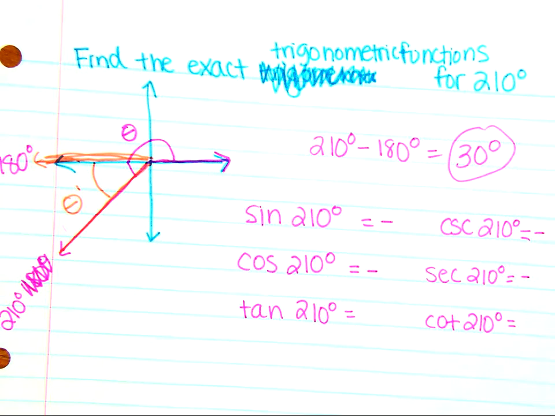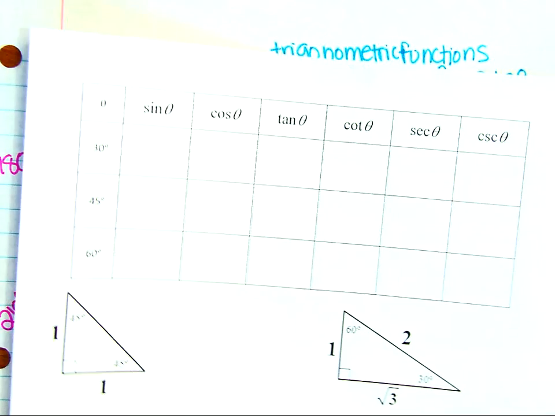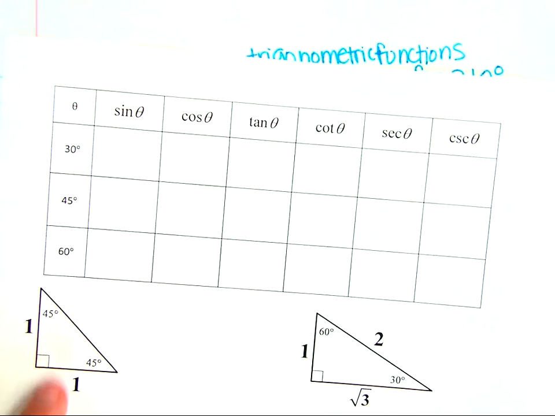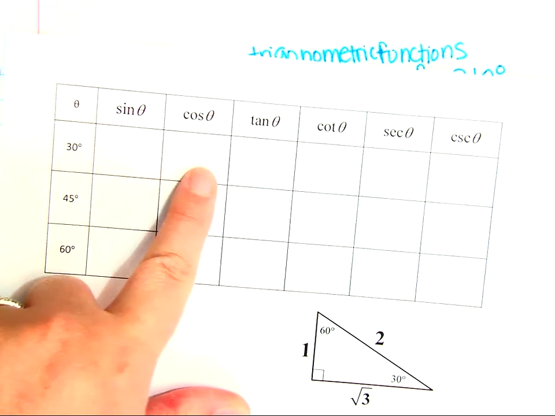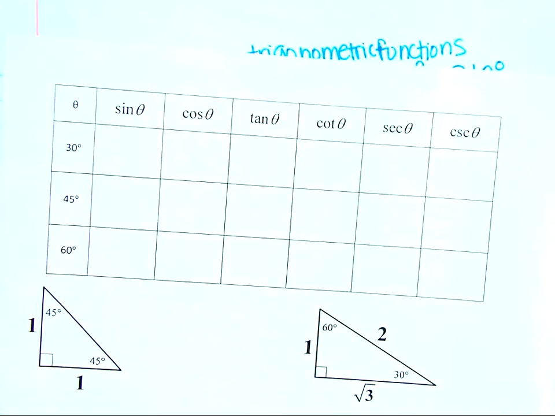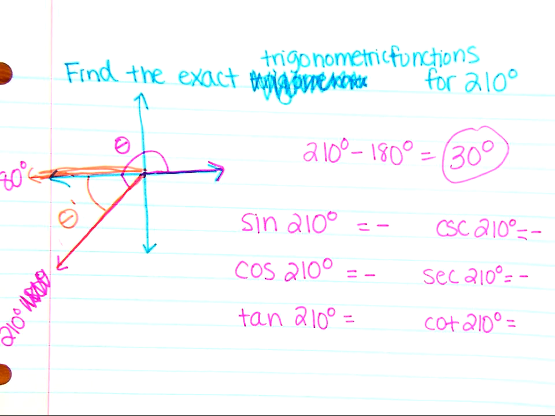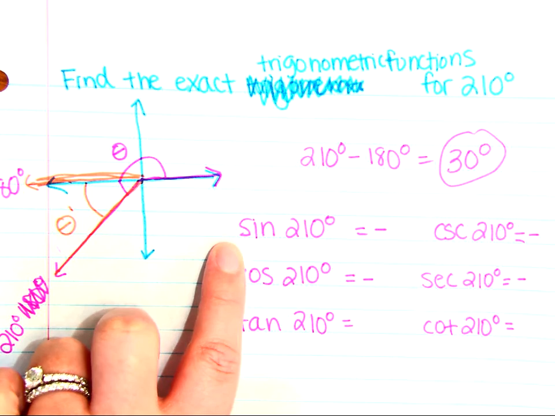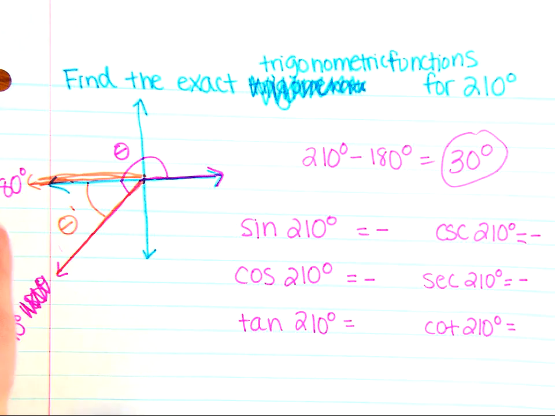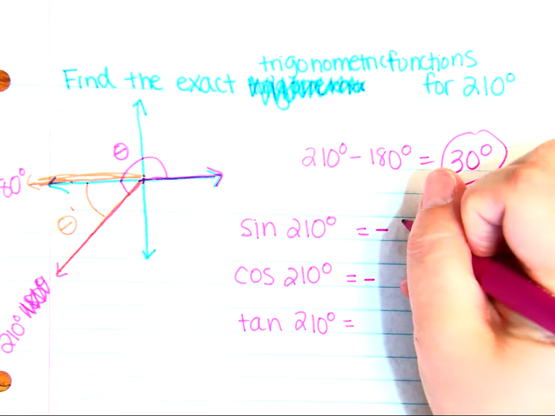And now all you need to do is literally reference your chart, 30 degrees, because that's our reference angle, and fill in directly from your chart. That's why it's important that eventually you will have that memorized. So the sine of 30 degrees is 1/2. Now we're in the negative, so it's negative 1/2.